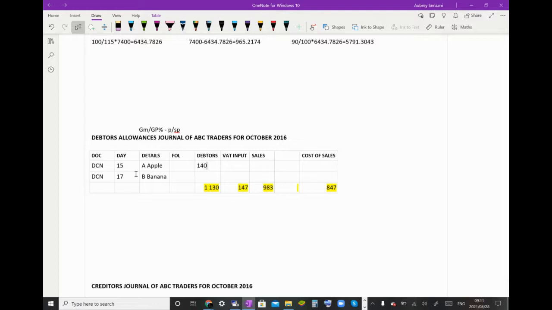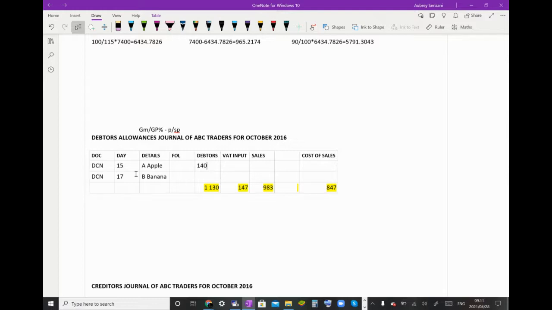So, and rebates. So if somebody said, okay, bought this stuff from you, 1,000 Rand. Okay, you sold it to them on credit, 1,000 Rand. Then they come back 2 weeks later and say, actually, I want to return 200 Rand, or in this case, let's say 140 Rand worth of what you sold.